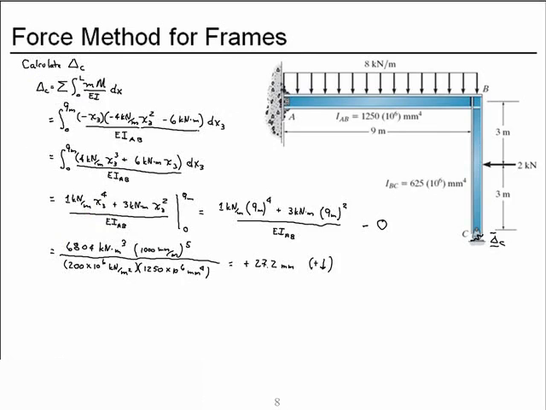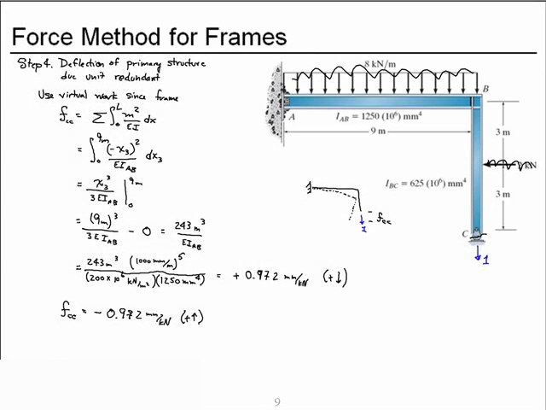We then combined our moment due to the virtual load and the moment due to the real loads in the virtual work formula, found our deflection delta C, and repeated the process for the deflection under the unit redundant.